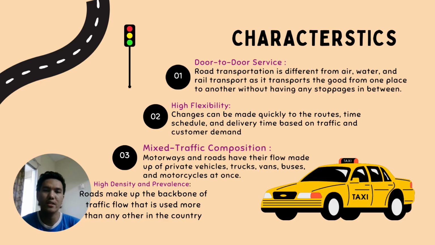Routes, time, schedule, and delivery plan can be modified instantly based on real-time traffic conditions or changing customer demand. Third, it features mixed traffic composition. Our roads are shared simultaneously by private vehicles, trucks, vans, buses, and motorcycles. And finally, it has high density and prevalence, making up the primary backbone of daily traffic flow across the country.